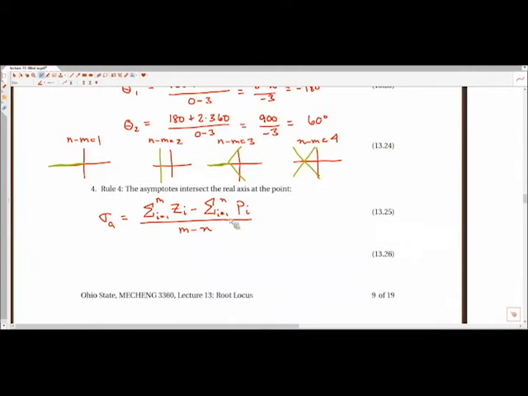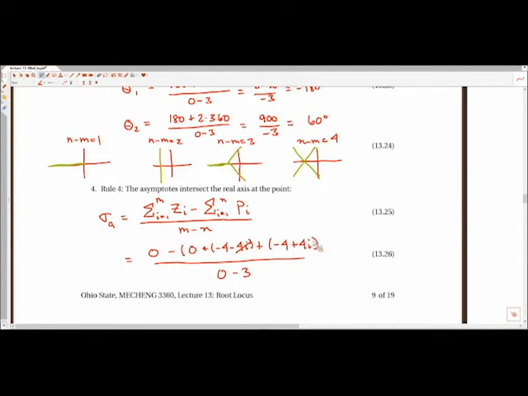So filling out this equation, I have a 0, because there are no zeros, minus then 0 plus -4 minus 4i plus -4 plus 4i, all over 0 minus 3, right? And so minus 4i and plus 4i cancel out.